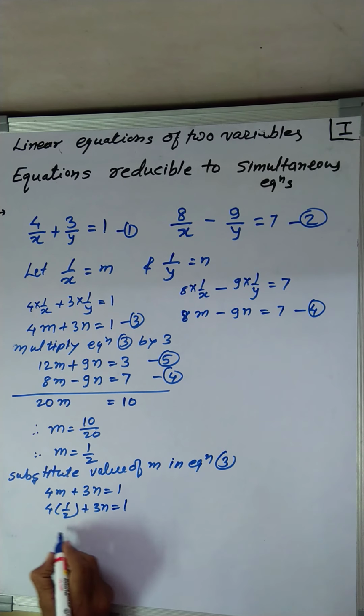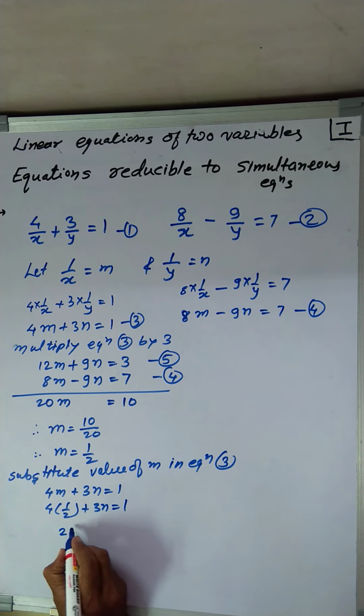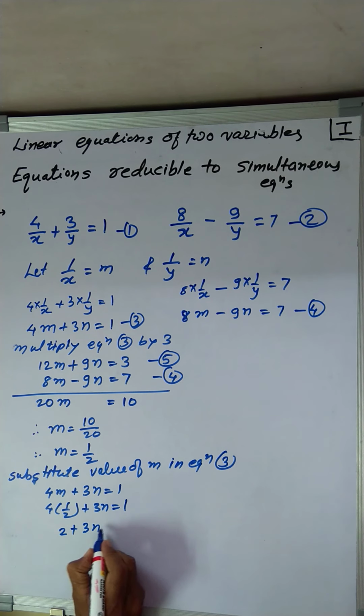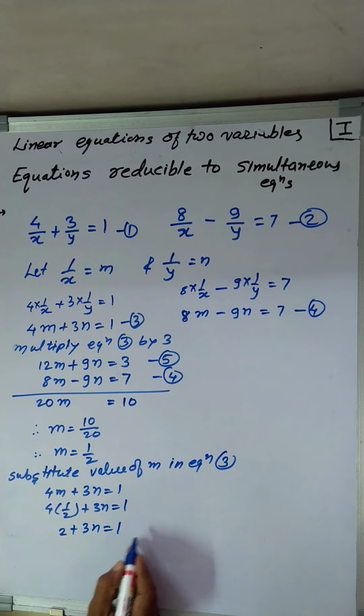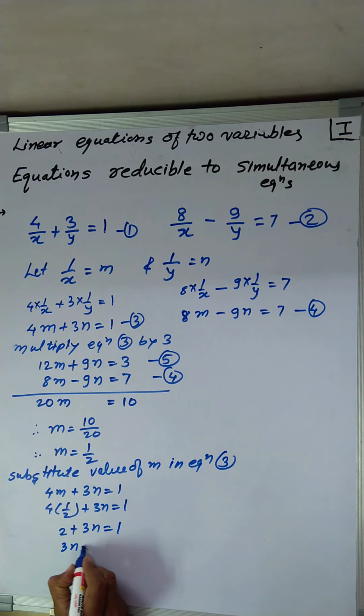Hence we get 2 plus 3n is equal to 1. Take to the other side: 3n is equal to 1 minus 2. 3n is equal to minus 1. Hence n is equal to minus 1 upon 3.